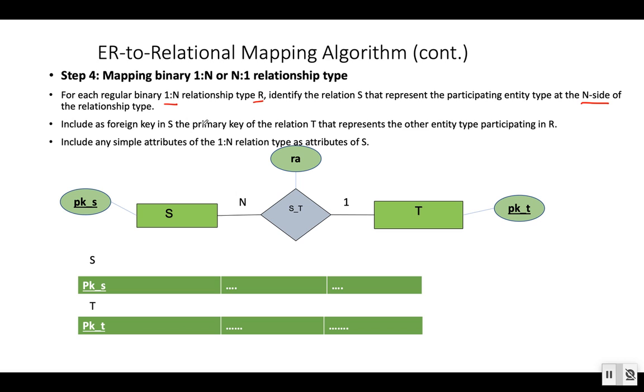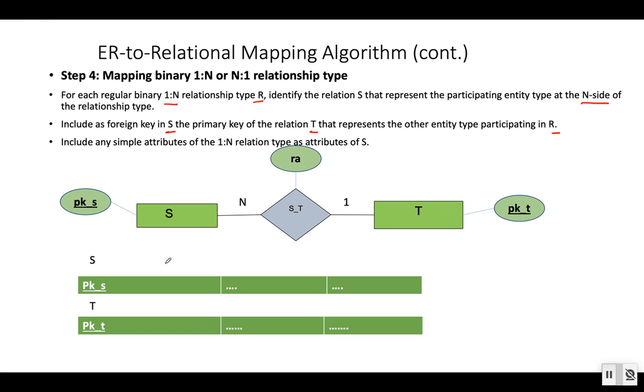So in that case we are going to include a foreign key in S, the primary key of the relation T that represents the other entity type participating in R. This relationship is an n to 1 relationship, and here S is the one participating on the n side and T is the one participating on the one side.